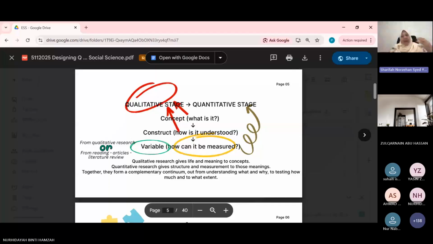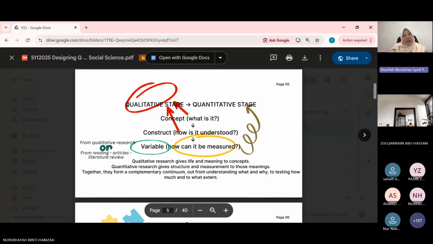Once they have identified it from the concept that they had when they started the research, it will then become the construct. And once you have the construct, and you use it and want to test it, it becomes a variable. And when it comes into your research as a variable, then you can measure it.